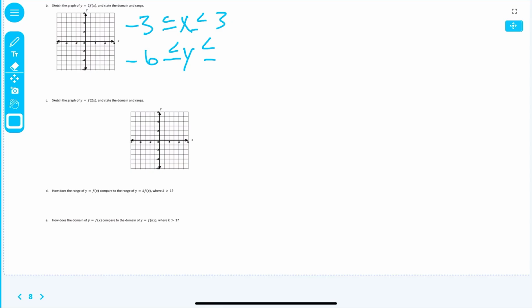No, we don't need to look at 0 or 3. We need to look at 2 because 2 was our peak. Remember, we were at -1, and then we come down like this. We went up to 2 and then back down to 3. Yeah, so we want to look at 2 right here because that's going to be our highest peak.